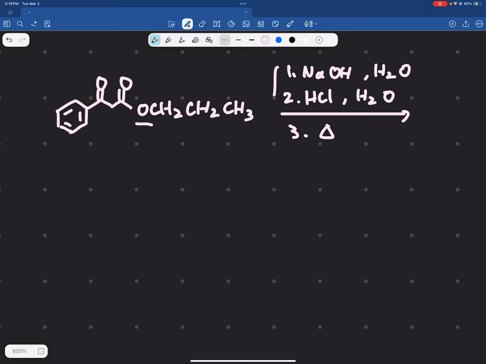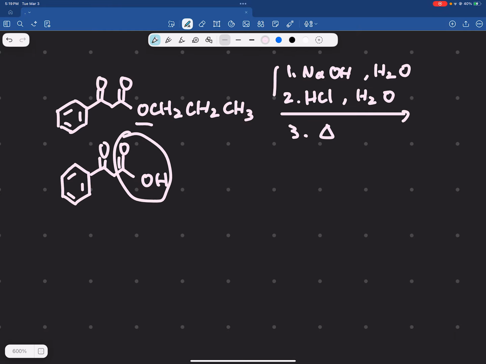Step 2 just serves to protonate. So the end result from step 1 will look like this. And step 2 will protonate that oxygen and give us a carboxylic acid here.